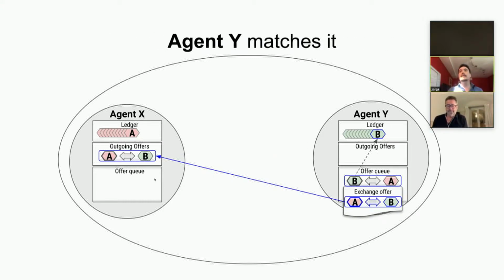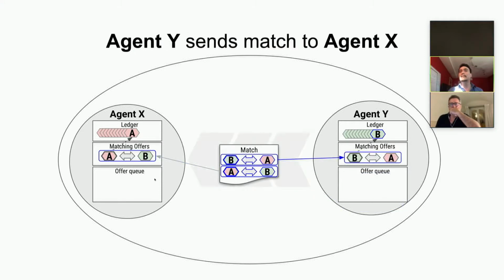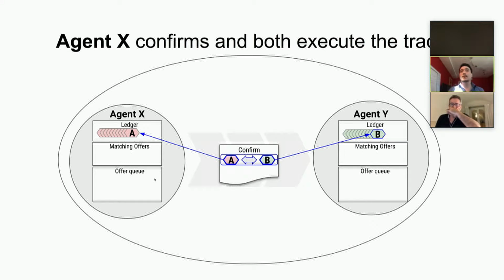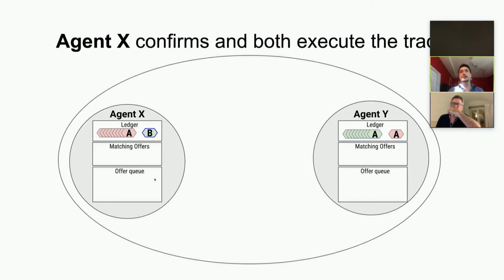When the offer is attempting to be matched by comparing it to the offer queue, it does find a match. And in this case, it simply responds with a match message that refers to both offers. Agent X confirms, and the trade is executed.